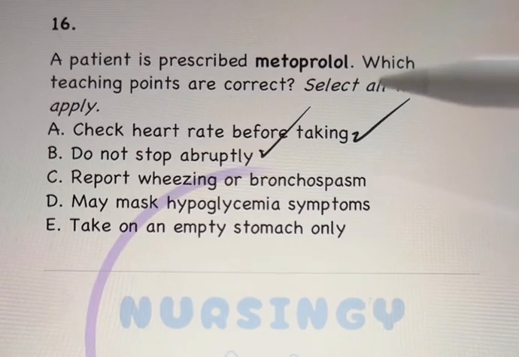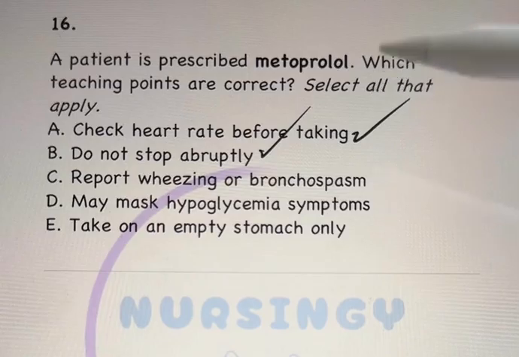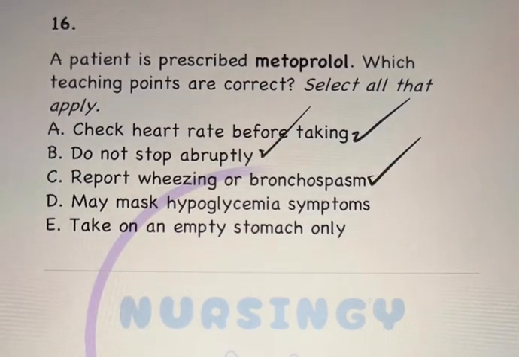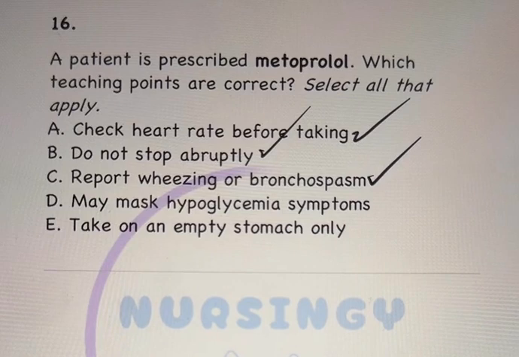Yeah, it is selective, but what it can do when we give it in higher dose, especially, it can block beta 2 receptors also. Basically it works on beta 1, very selective, but when we are having higher dose of metoprolol, sometimes you need to give it, it can affect beta 2 receptors in bronchioles, and that's why you will see wheezing and bronchospasm.